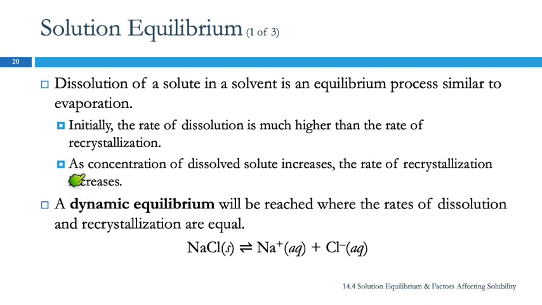But as more dissolving happens, we get more dissolved particles, then the rate of recrystallization will increase, and at some point they will become equal to each other, and we'll get a dynamic equilibrium. So we've got sodium chloride crystals dissolving into sodium chloride ions, and we also have sodium and chloride ions recrystallizing back into the solid.